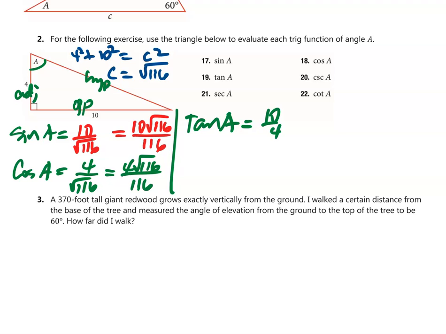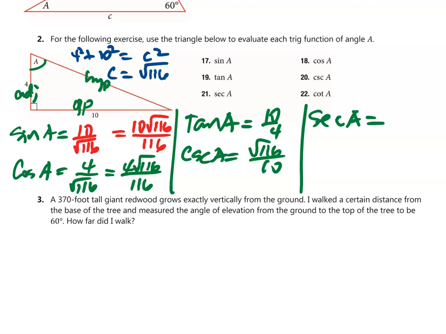Next is cosecant A, which is equal to 1 over sine. We have 10 over square root of 116, so that is square root of 116 over 10. Next, secant of A is 1 over cosine.